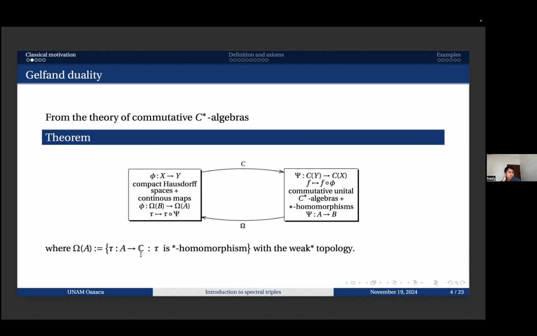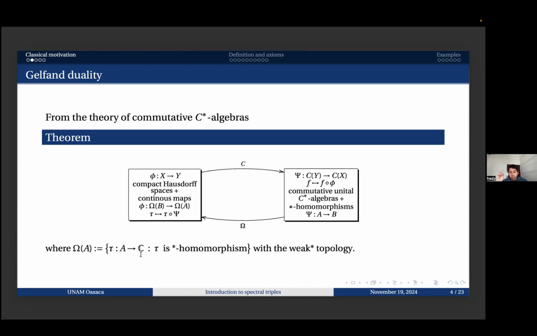From this duality, we can give actually a big dictionary, which gives a correspondence of concepts of topological spaces and objects and notions in C-star algebras.